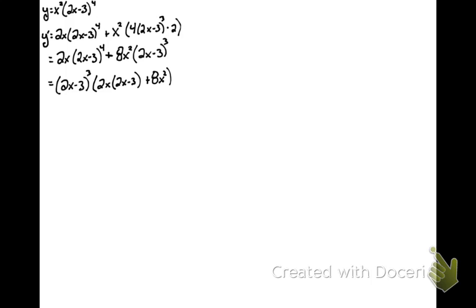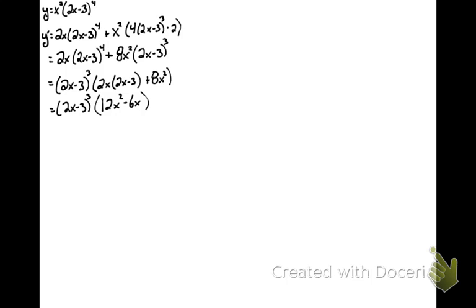And I can clean this up a little bit more. (2x minus 3) cubed times, I'll have 2x times 2x, which is 4x squared, plus the 8x squared will give me 12x squared minus 6x.